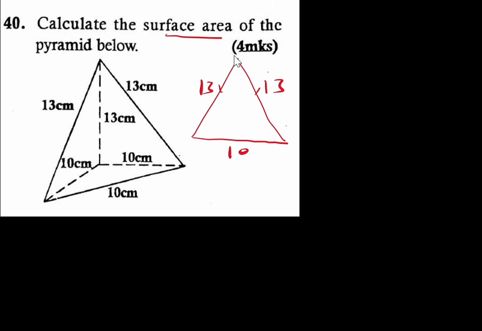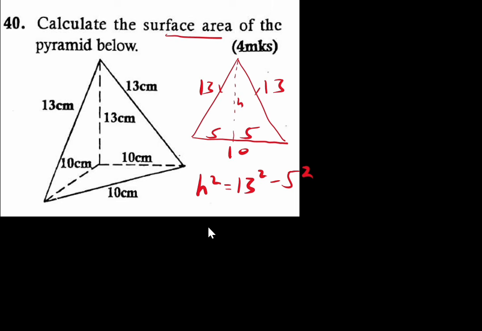So we don't have the height. We have to calculate the height. I'm going to drop a perpendicular here. Our height, so h. And then I'm going to divide this into 2. So this becomes 5. Also becomes 5. So you can get height. You can use Pythagoras theorem, which says that the height squared will be the hypotenuse squared, which is 13 squared minus 5 squared.